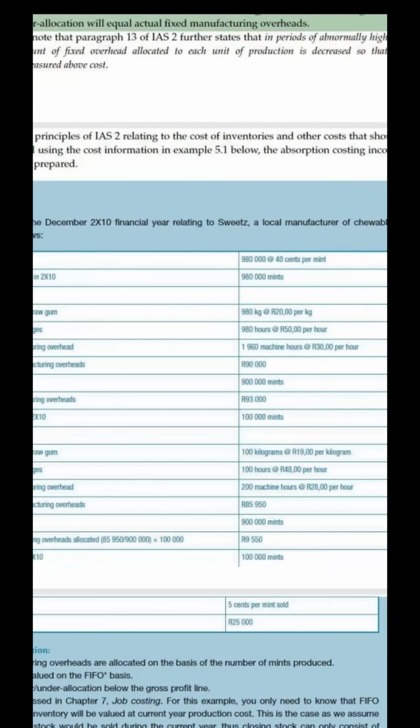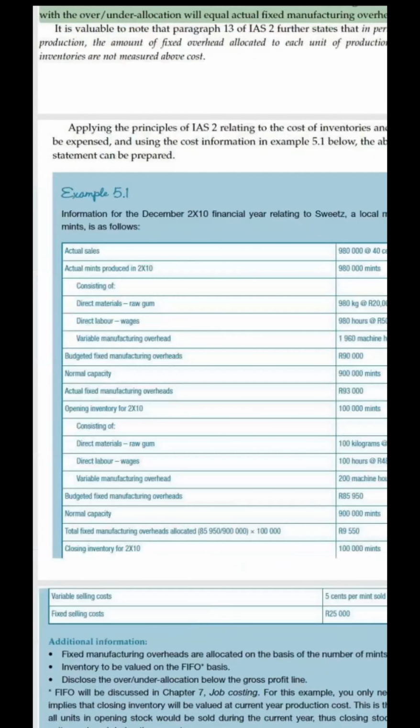So to get the total cost, it's easy: 1,960 times 30 will give you the total cost. Then if you want the cost per unit, you just divide the total you got by the number of units.